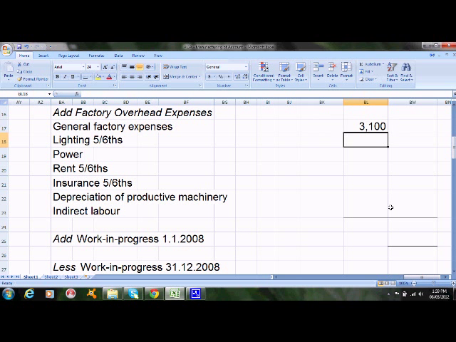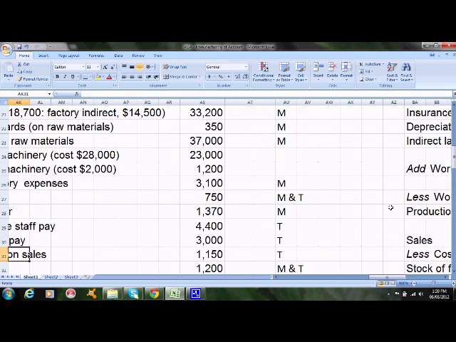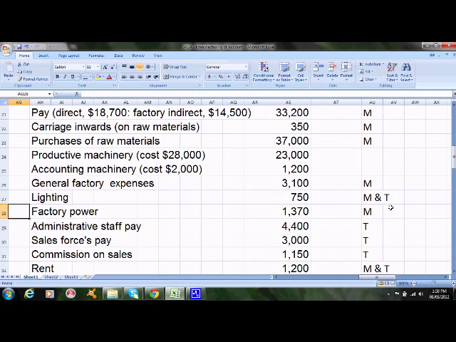Next, lighting. He said that lighting, rent and insurance are to be apportioned 5/6 for the factory and 1/6 for administration. Now we are looking at factory overheads. So we're going to find 5/6 of the amount for lighting, and the amount for lighting is 750.